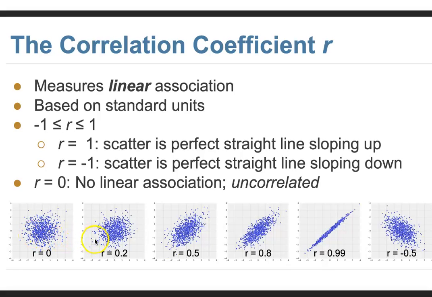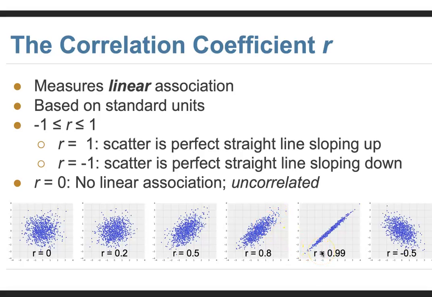Then when R becomes bigger, you see 0.2. The scatter centers a little bit, but it's still not very easy to see the straight line. Then at 0.5, they are close to a straight line here. When R equals 0.8, we can see more clearly a straight line describing the scatter.